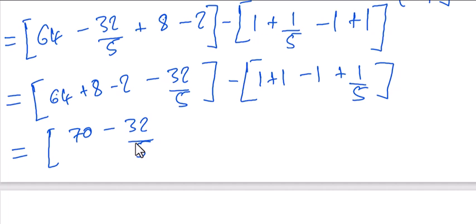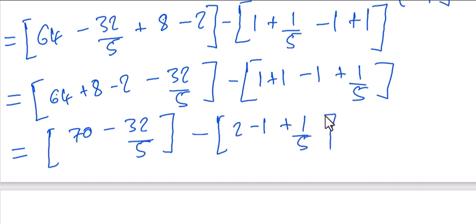Sorry for that. So on the other hand, we're going to have 2 minus 1 plus 1 over 5.